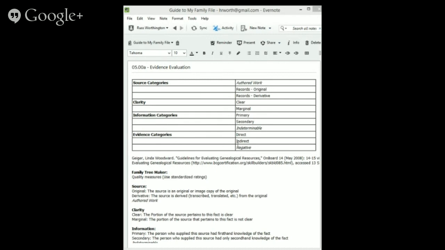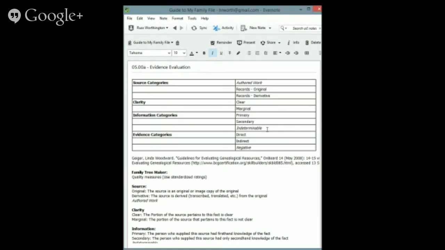Now, in studying the book by Dr. Thomas Jones, Mastering Genealogical Proof, we learned two items that are not in Family Tree Maker 2014. One is, is it an authored work? And is the information, the person who provided the information category, indeterminable?